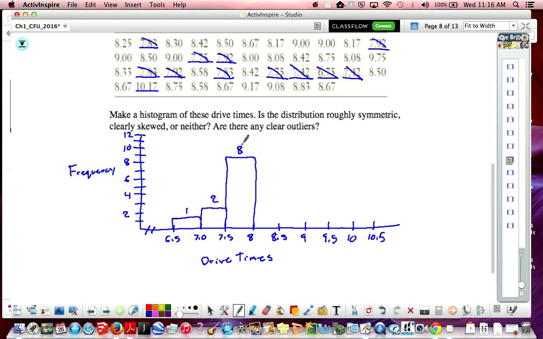All right, so 8 to 8.5. So now I'm going to do all the ones that are less than 8.5. So 1, 2, 3, 4, 5, 6, 7, 8, 9, 10, 11.